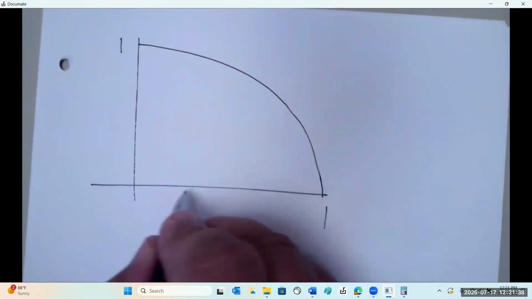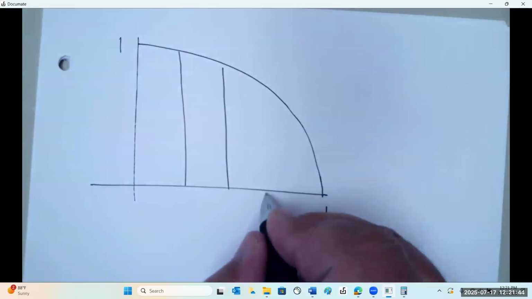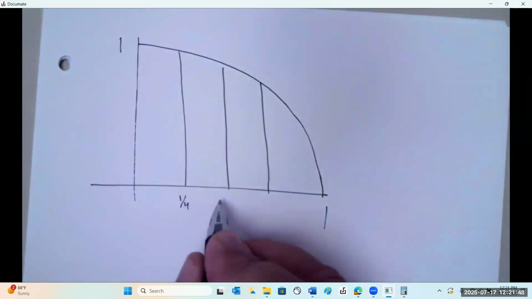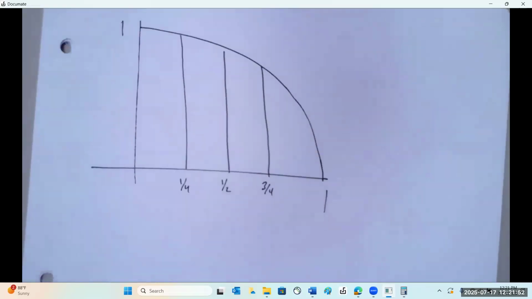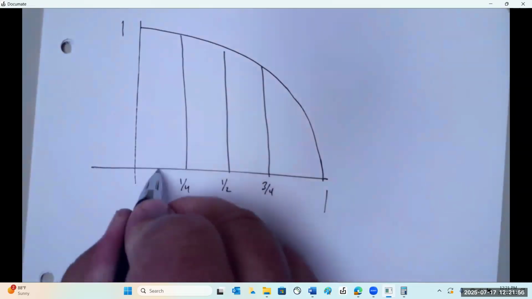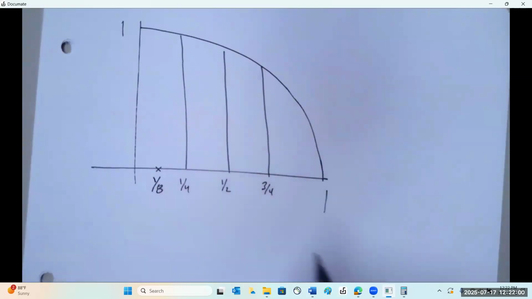So now we're looking at cutting it into 4 spaces. The midpoint here is 1/8.